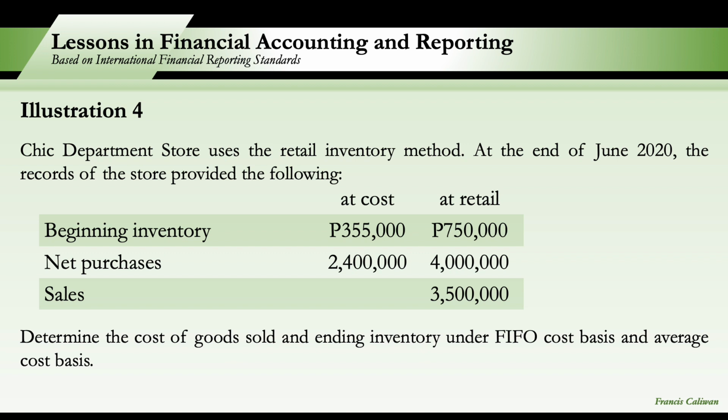Net purchases at cost and retail are 2,400,000 and 4,000,000 respectively, whereas the sales, which is of course at retail price only, is 3,500,000. The requirement is to determine the cost of goods sold and ending inventory under the FIFO cost basis and average cost basis.